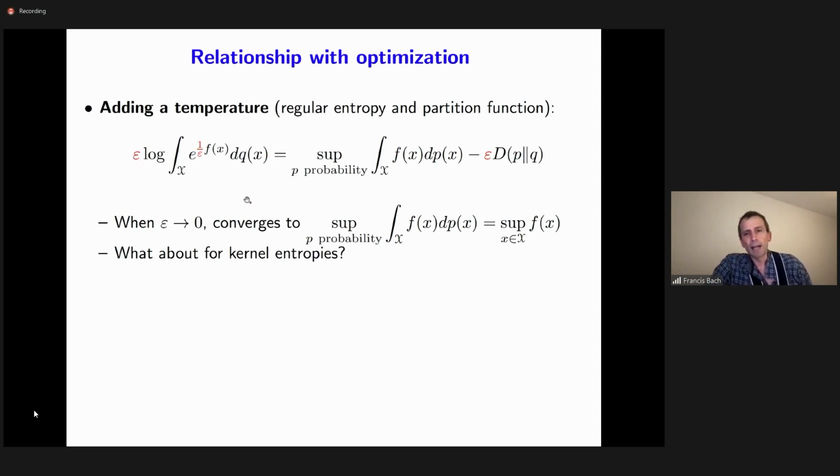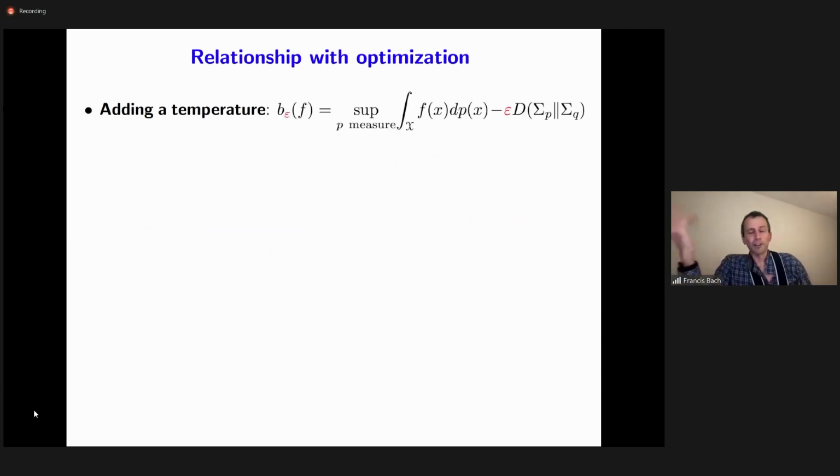It's known that when epsilon goes to 0, this converges to the maximal value of f. People often use this as a way to smooth the maximum. The question is, do we get similar things for kernel entropies? So let's do the same. You add a parameter epsilon here.